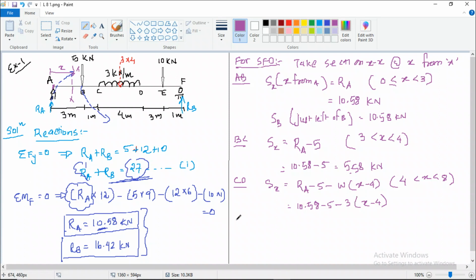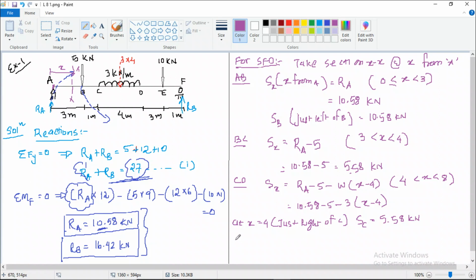So at x equal to 4, that is just right of C, the shear force value just right of C, SC, will be equal to, putting x equal to 4 here, 10.58 minus 5 only, so 5.58.